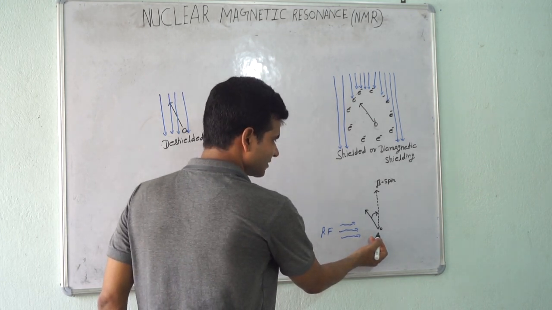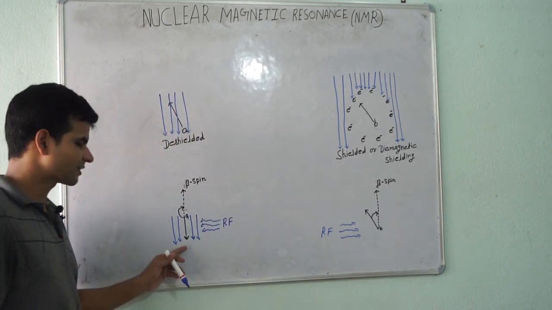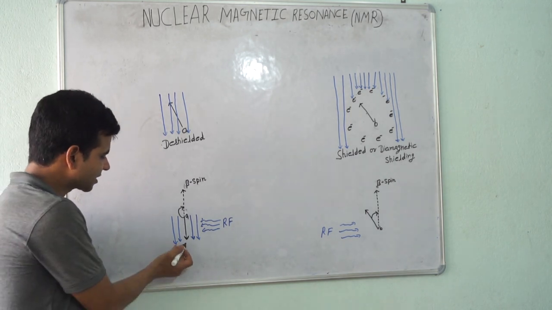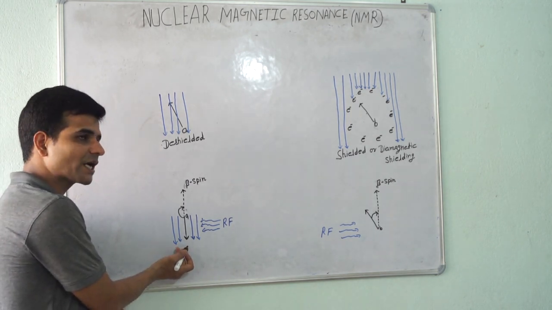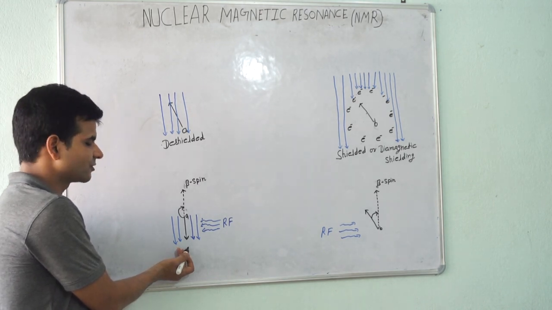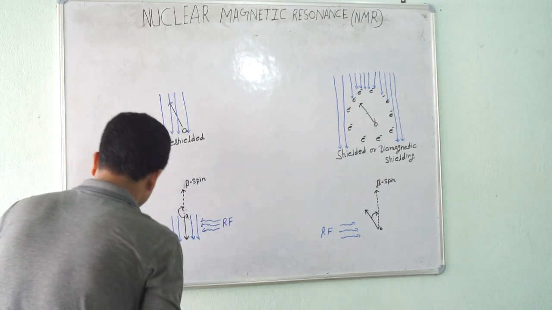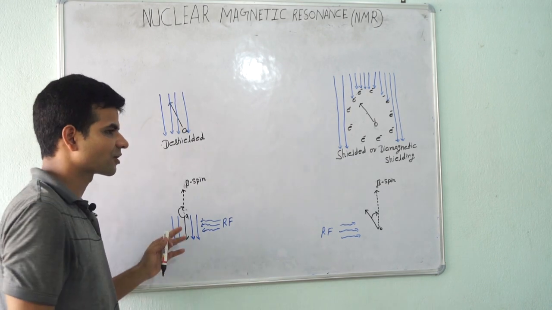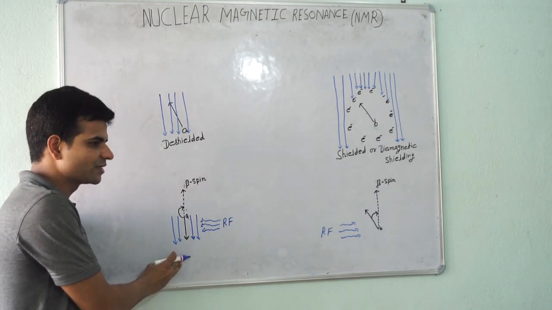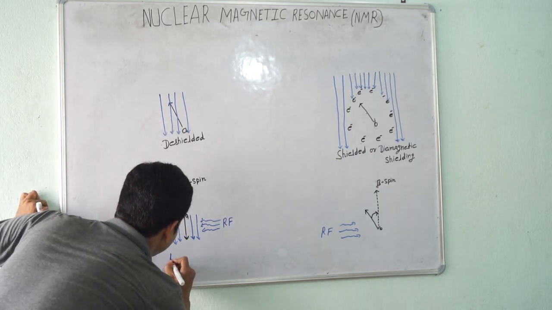If this hydrogen atom has to travel a long distance to go into beta spin, therefore this hydrogen atom will require more energy to go into beta spin. More energy.